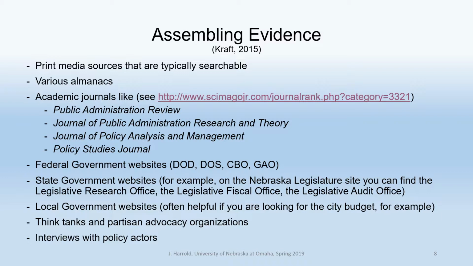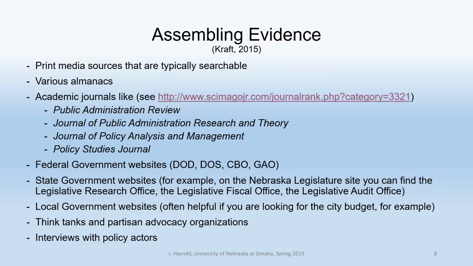So for our purposes for the class, where are some places that you can get evidence? Well, there's print media sources that are typically searchable. So often in journalistic sources, you can search. Sometimes it's not.